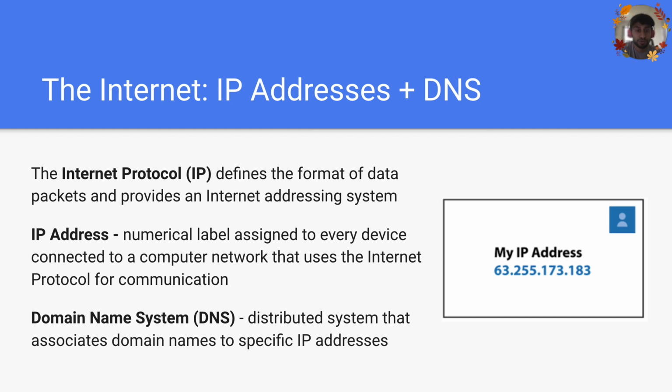I want all the search results for my search string of Jay-Z or Alicia Keys. More on what this request for data actually looks like in the next slide, but all you need to know for now is that every website maps to an IP address that represents its front door, which then your physical device, which also has an IP address, requests data from via the rules of the Internet Protocol.